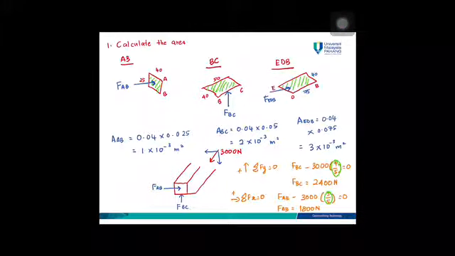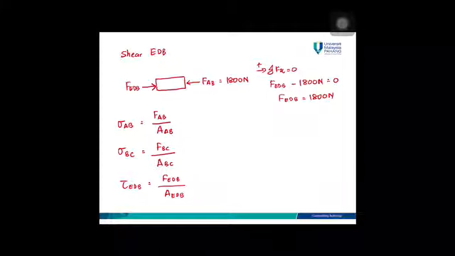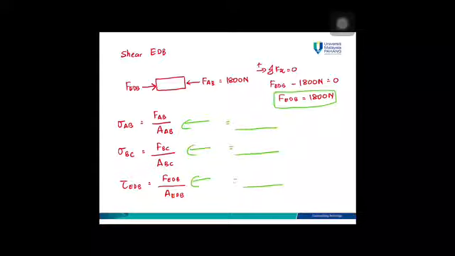You already have all the values. Substitute in the equation, then you will get the answer. And the answer for stress should be in megapascal. You will get times 10 power of 6 and then convert it into mega. Mega is 10 power of 6.